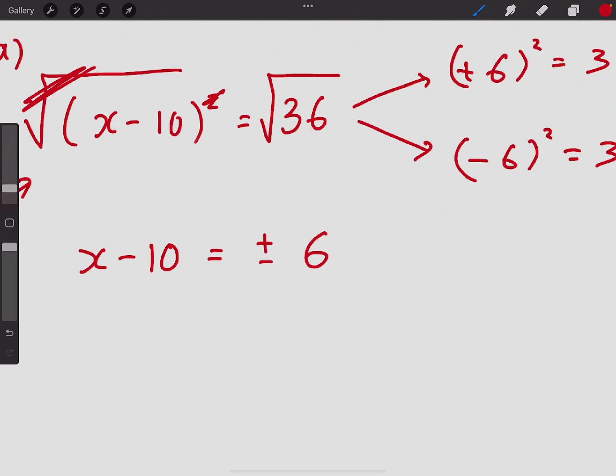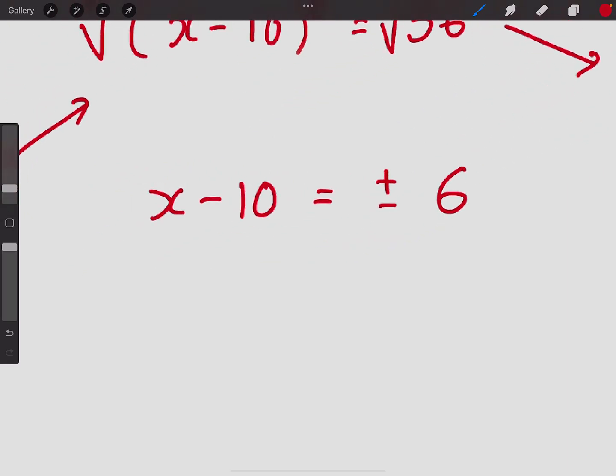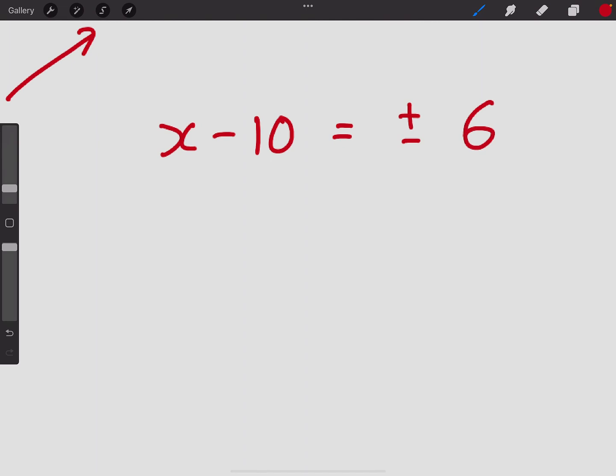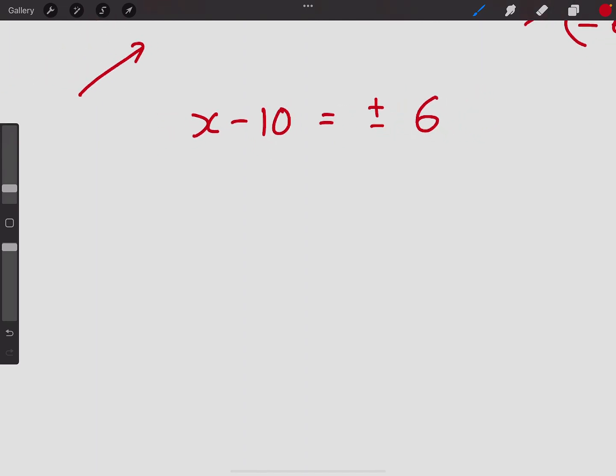Okay, so just keep that in mind. Every time you square root a positive whole number, or any positive number, you're going to get two solutions. Okay, so we have here two solutions. We have x minus 10 is equal to a positive 6, and we have x minus 10 is equal to negative 6.